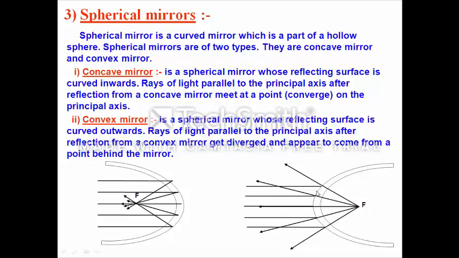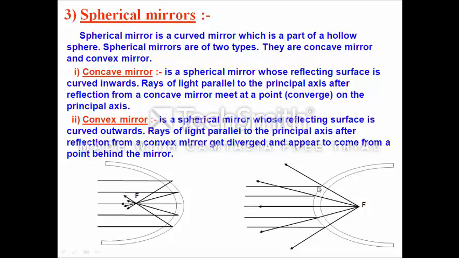All rays parallel to the principal axis, after reflection from a convex mirror, get diverged. This convex mirror is known as a diverging mirror, and the rays appear to come from a point behind the mirror. In the case of a concave mirror all the reflected rays meet at a point, but in the case of a convex mirror all the reflected rays diverge from a point.